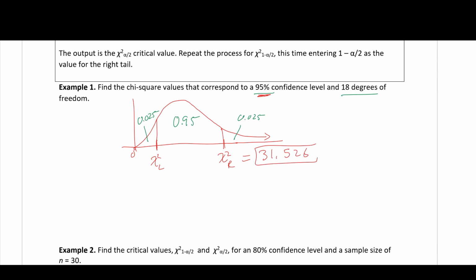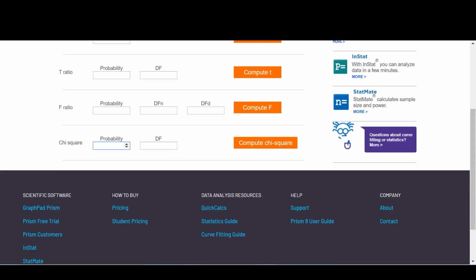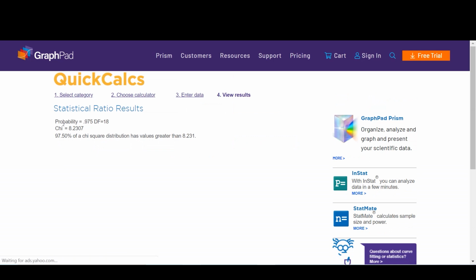The area to the right of that left partition is 0.95 plus 0.025, which is 0.975. And again, same degrees of freedom, 18. Compute that. And we get 8.231.